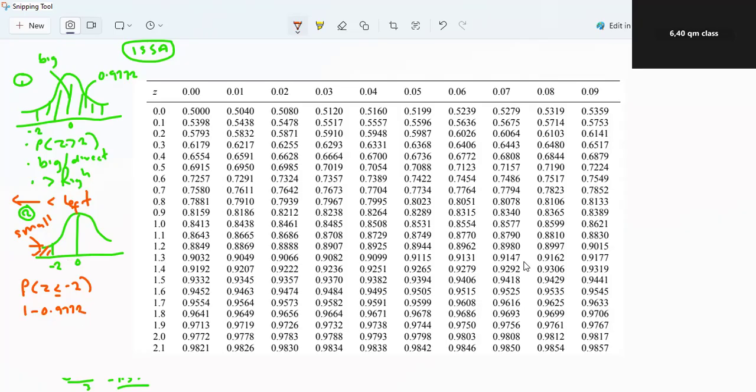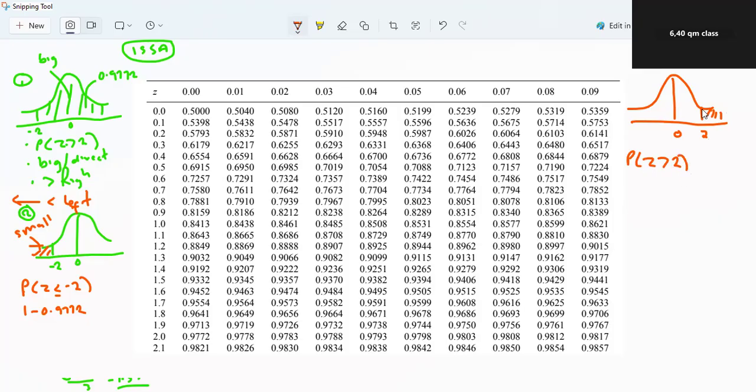Dealing with the right side, can you tell me two things about this right side? We have a 2 there, positive, obviously, and it's shading to the right side. Number one, the illustration is showing us Z is greater than 2.